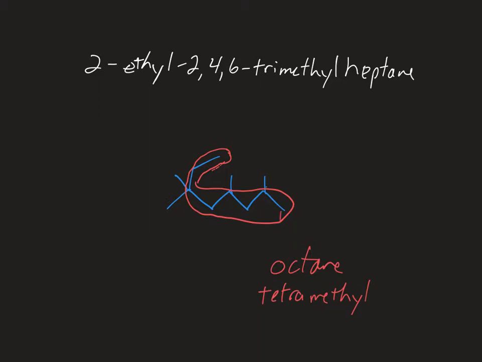So it's going to be 1, 2, 3, 4, 5, 6, 7, 8. So it's 2, 4, 6, 6-tetramethyloctane. So you want the lowest number possible. The first number should be the lowest number possible. So that's the way this one would work.